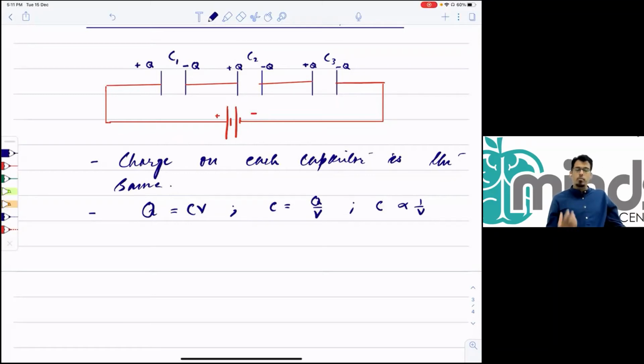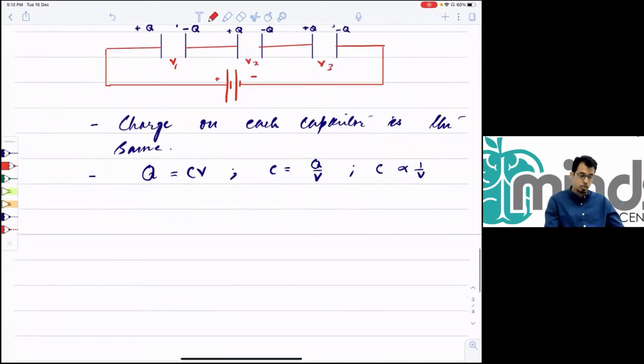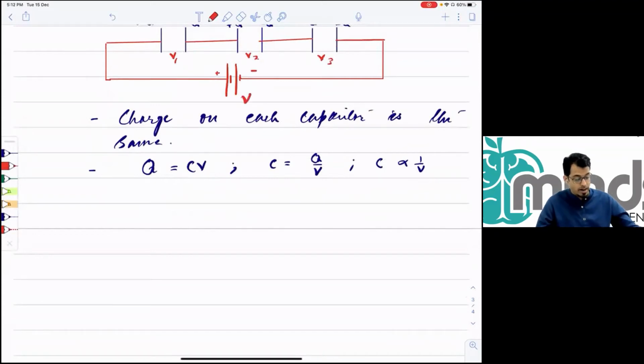Anyways, so what will be happening? Voltage will be dividing. So voltage across C1 is V1, C2 is V2, and C3 is V3. But one thing is for sure, total voltage V is divided. So V equal V1 plus V2 plus V3.